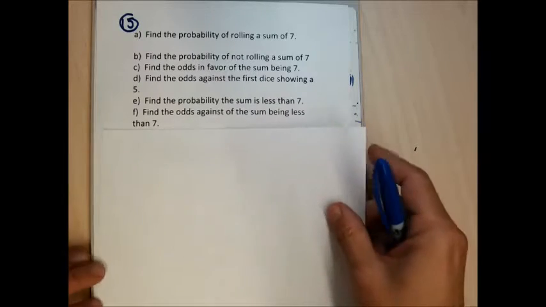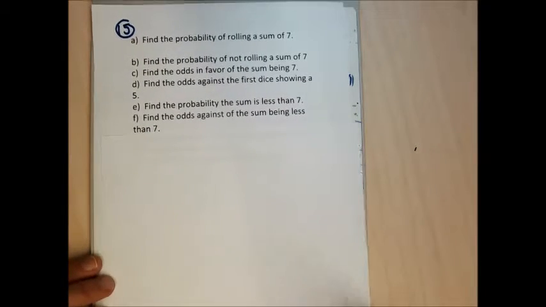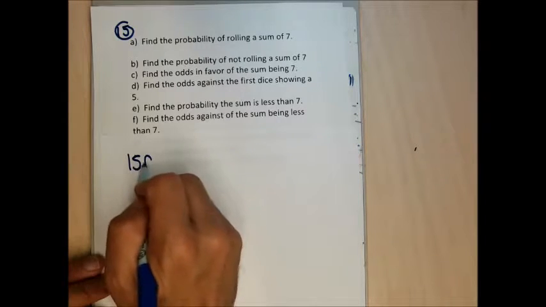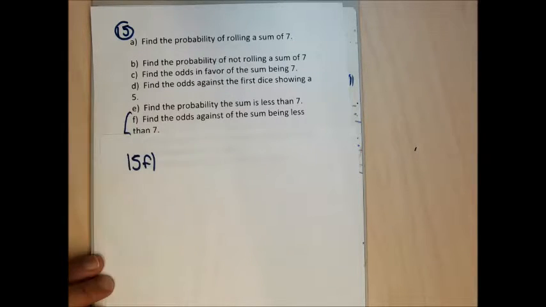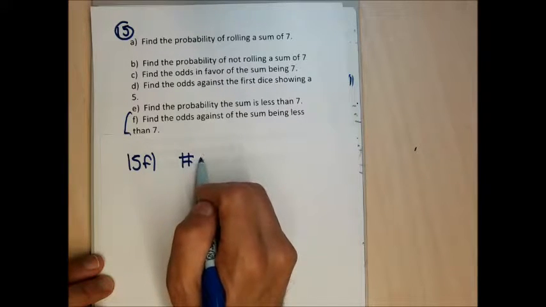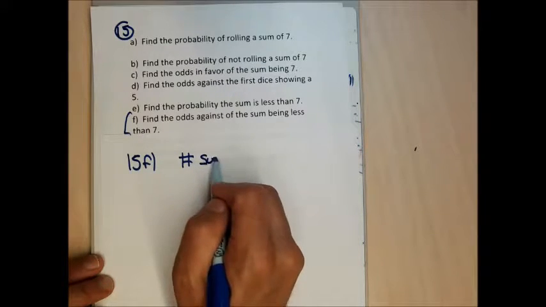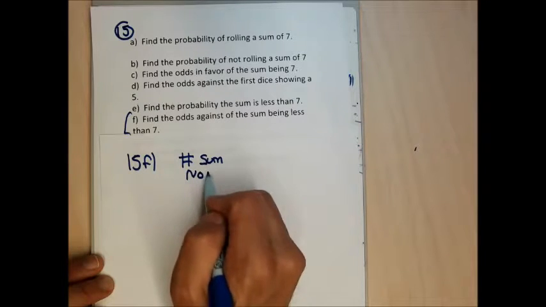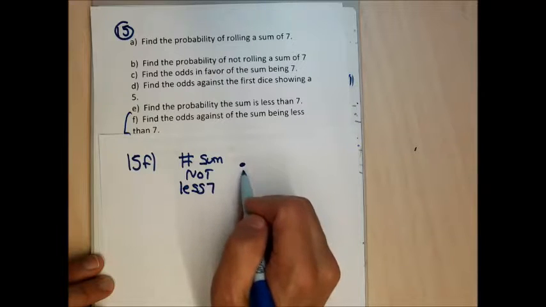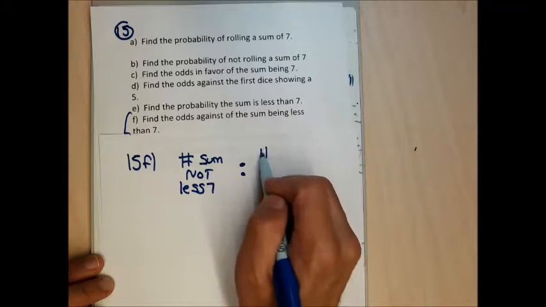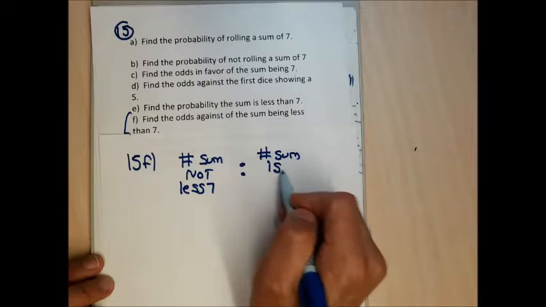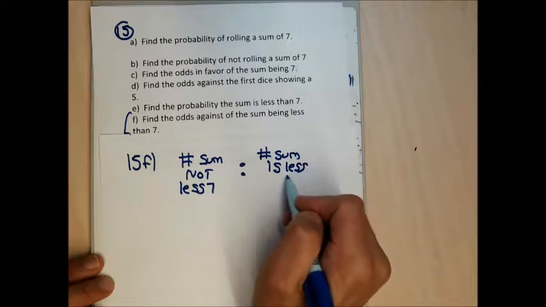For part F, find the odds against the sum being less than 7. To do 15F, the odds against the sum being less than 7, I need to find the number in the sample space where the sum is not less than 7, because it's odds against, and then the number in the sample space where the sum is less than 7.